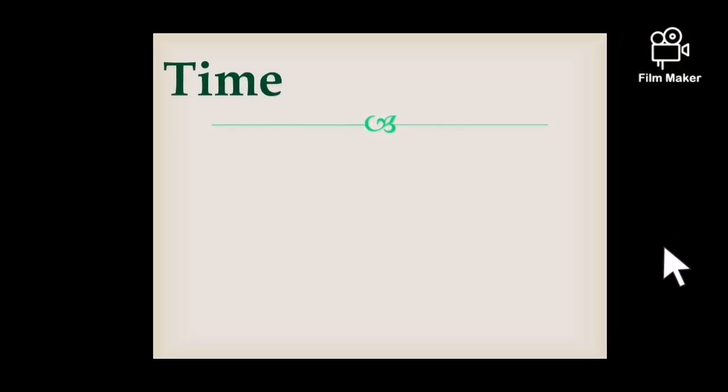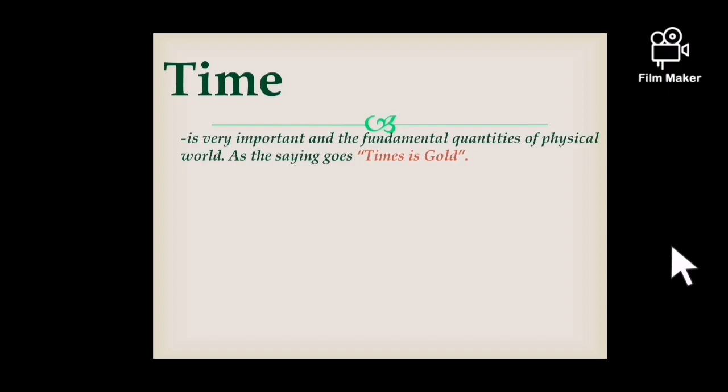The next one is time. Time is very important in the fundamental quantities of physical world. As the saying goes, time is gold. Everything you do is bounded with time. Time is a period during which an action or event occurs.